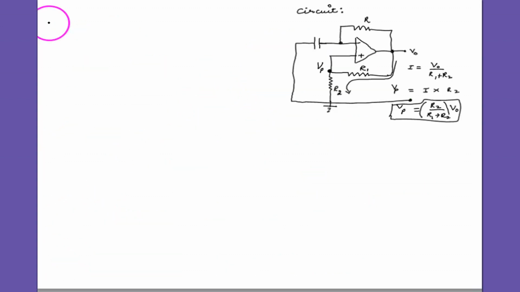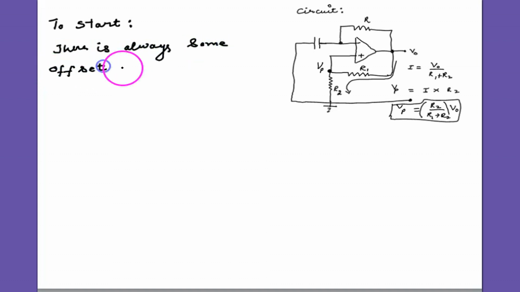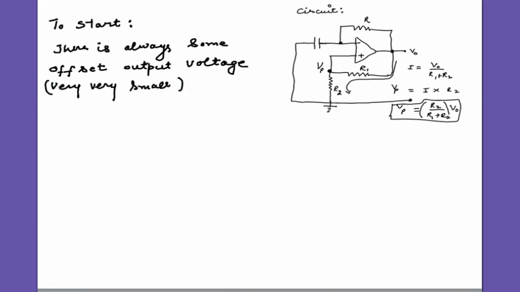Now this is the circuit diagram, and to start with, the op amplifier always gives some offset voltage even in the absence of any input signals, and that voltage is usually very, very small.